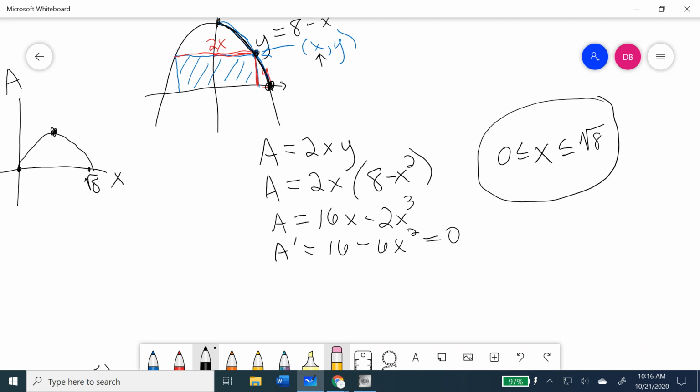And let's see, that's going to be 16 over 6, which simplifies to 8/3. Then square root. I would do plus or minus square root if I were genuinely solving that equation, but I'm looking for a number that's in this interval, so that's only going to be positive.